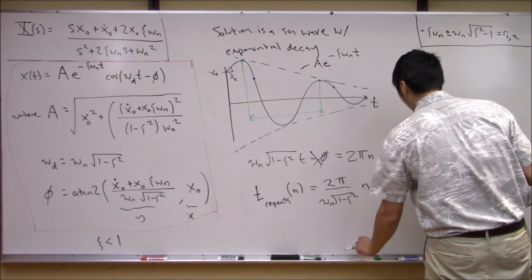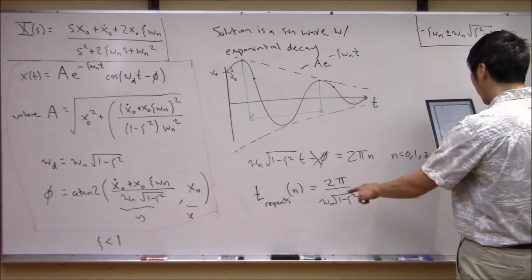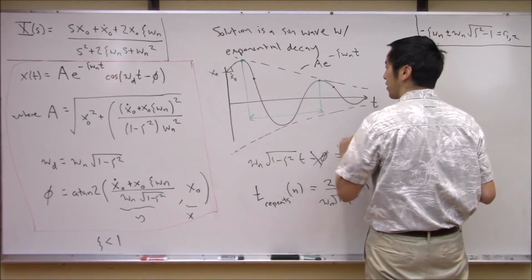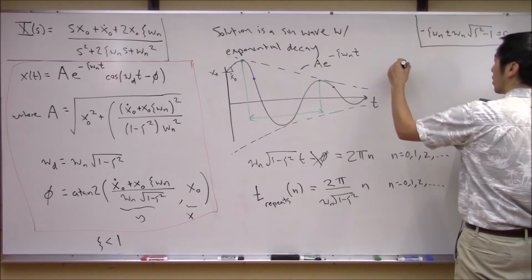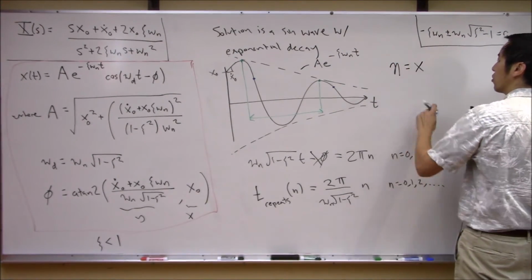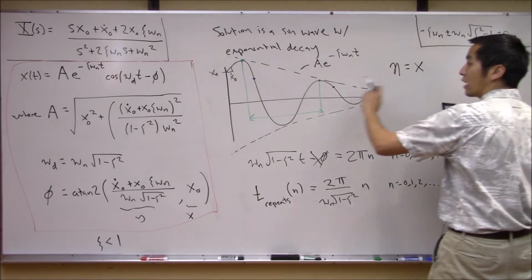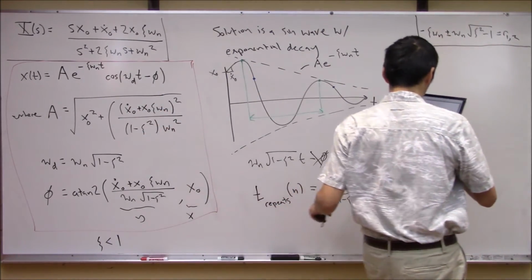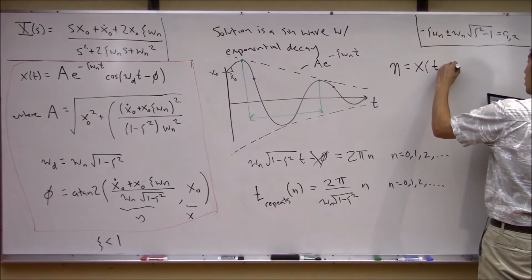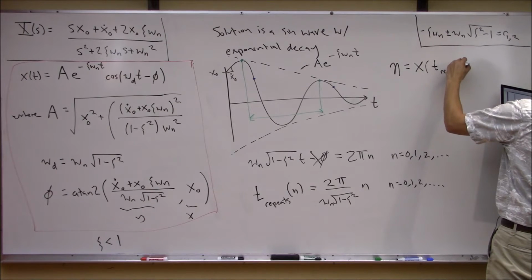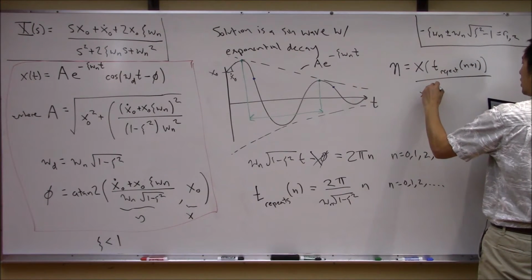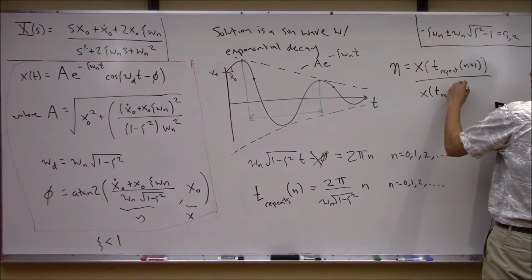Now, what's fascinating about this is let's look at the ratio of the signals between two of these times. Let's define this ratio eta. This is basically the solution x, but let's look at it at t repeat of n plus 1 all over x of t repeat at n.